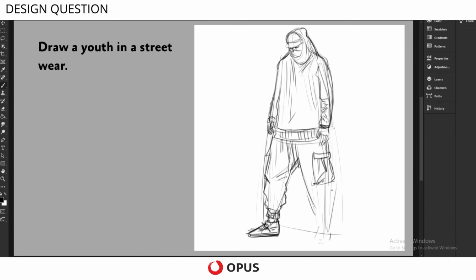So see, we are slowly getting that required figure we were trying to achieve. So this is the front portion of the shoe.